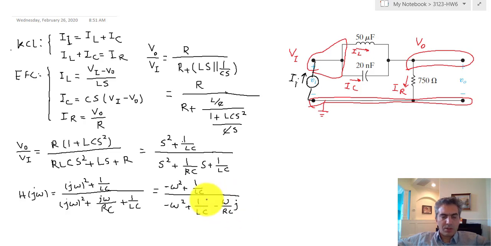So in the numerator you have a real number, whereas in the denominator you have a complex number.